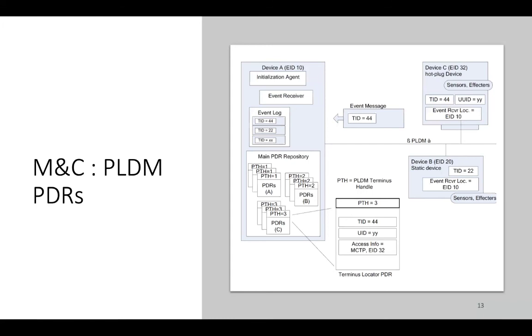If it only responds to the basic command, then only the sensors can be added to the PLDM PDRs, right? Or is there a way to map those sensors to the PLDM PDR if they can't respond to MCTP, if they are not MCTP compatible? Right.